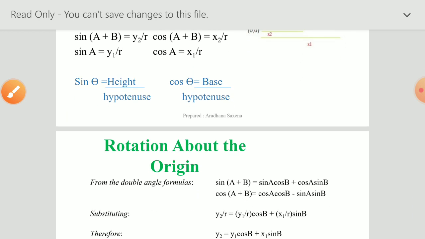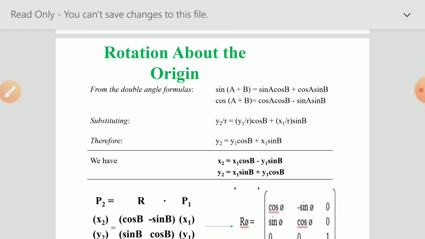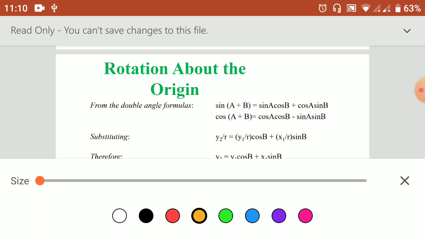So sin A plus B equals sin A cos B plus cos A sin B, and for cos A plus B, here we will put the values of sin A and cos A, here also cos A and sin A. Cos B and sin B values we don't have yet, so they will remain the same.